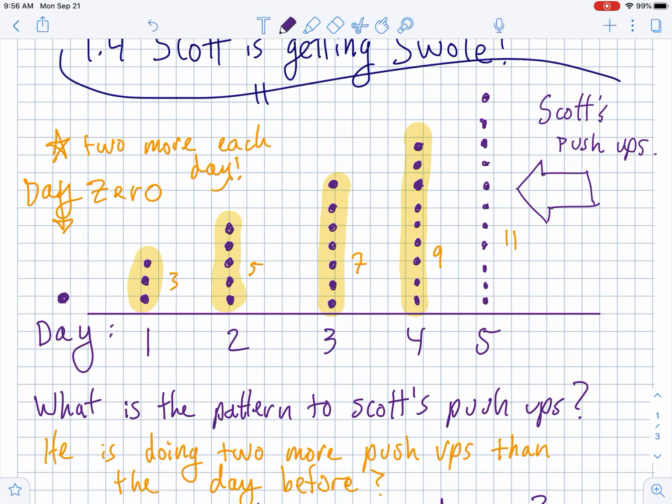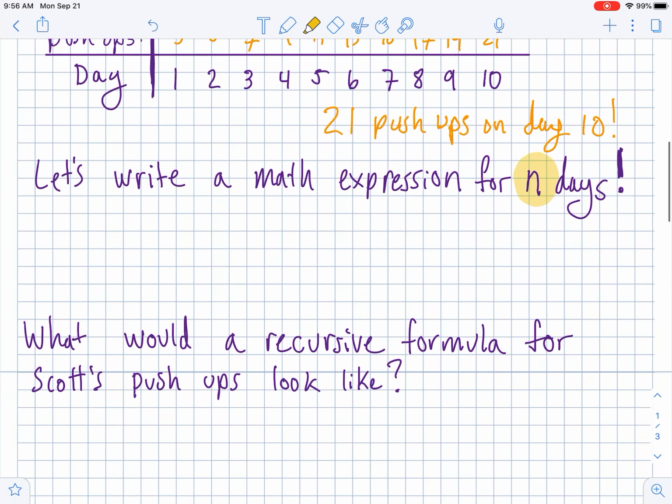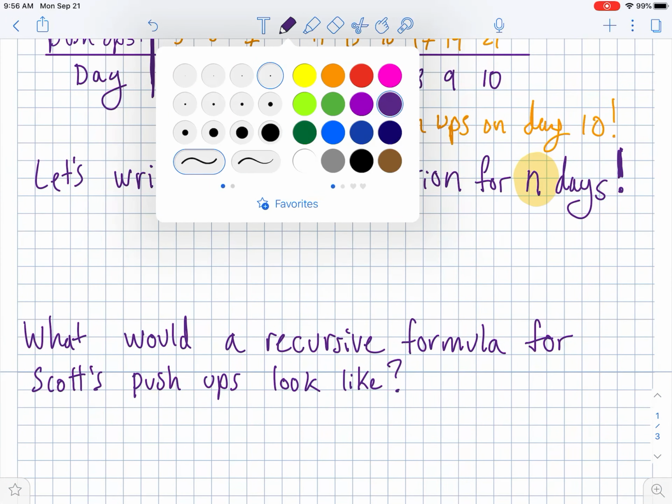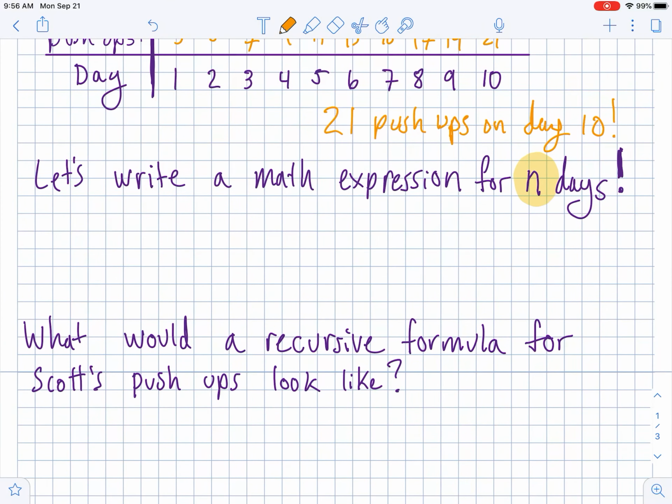Now, you might look at that and be like, day 0, what does that even mean? But this 1 is kind of important. It really helps me figure out the equation, the expression for this. So the expression is that he is doing 2 more each day, but then on the 0th day, he did 1 push-up.